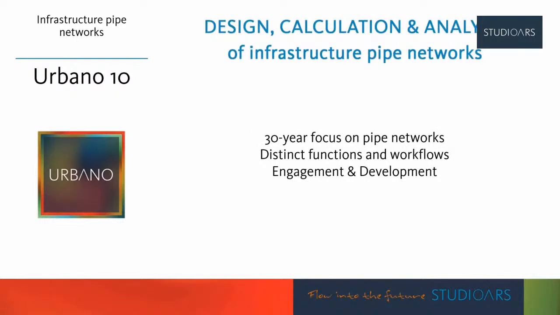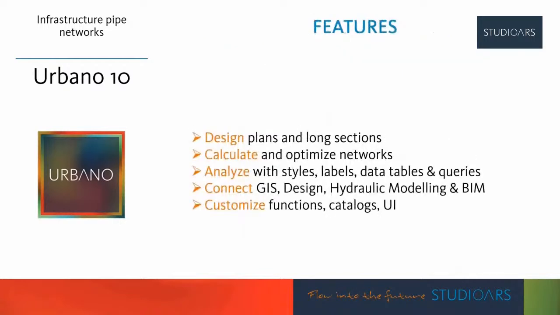Urbano 10 is a full design, calculation and analysis software solution for infrastructure pipe networks that runs directly inside your CAD environment. We have been developing the software for 30 years and we created some distinct functions and workflows for pipe network design. By engaging with our user community, we get real-world insights into current issues and challenges, and this helps us plan and develop practical solutions.